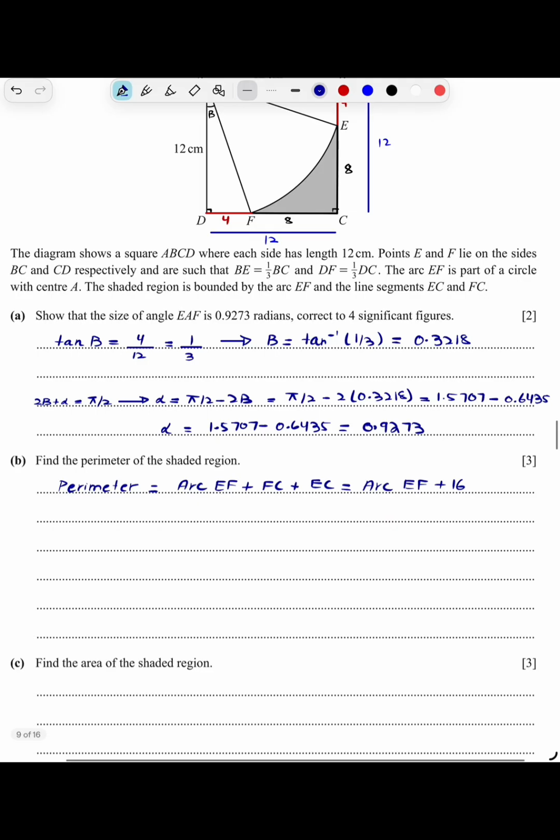Now, I don't remember the formula. Look, let's take the ratio of angle and perimeter. So I know that 360 degrees gives me the perimeter of a circle, 2 pi r. That means 1 radian is equal to r.